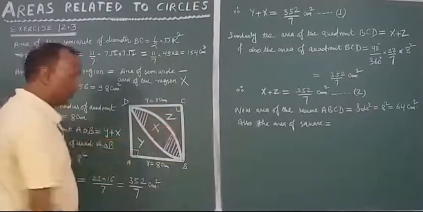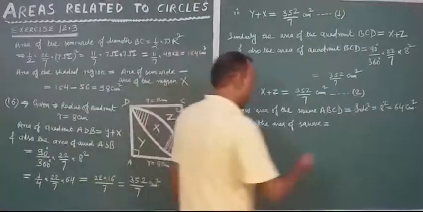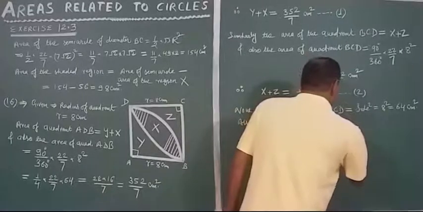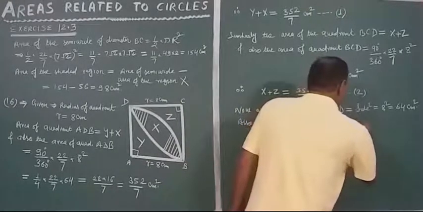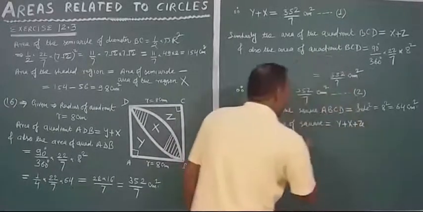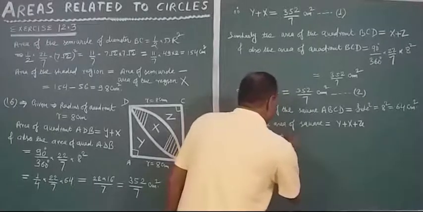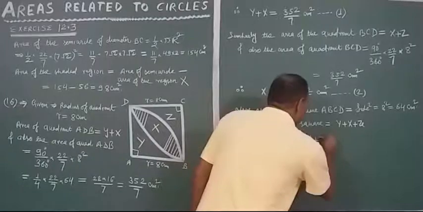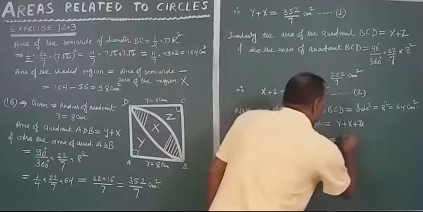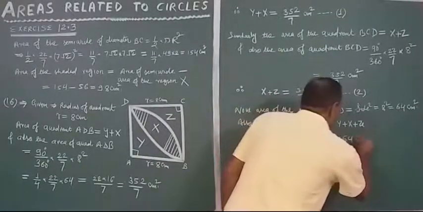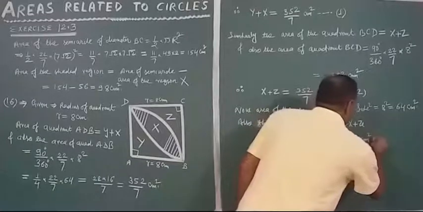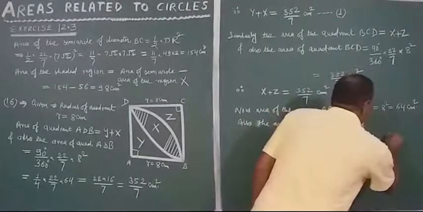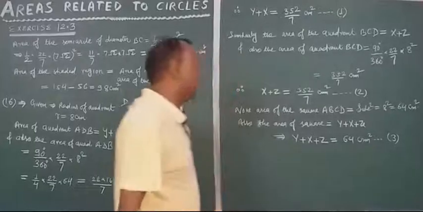This is the whole area of the square. That is y plus x plus z. Okay. So therefore, what you are given? Y plus x plus z is given how much? 64 centimeter square.